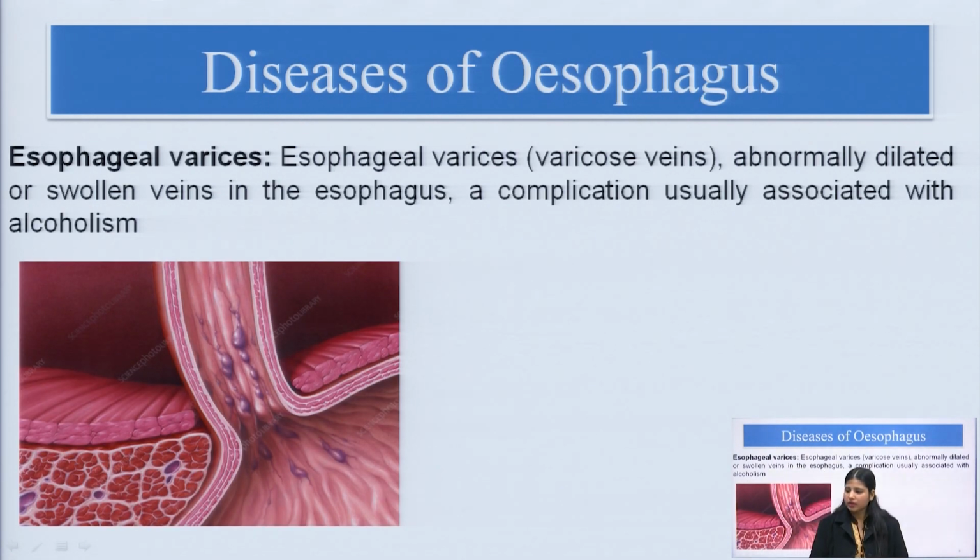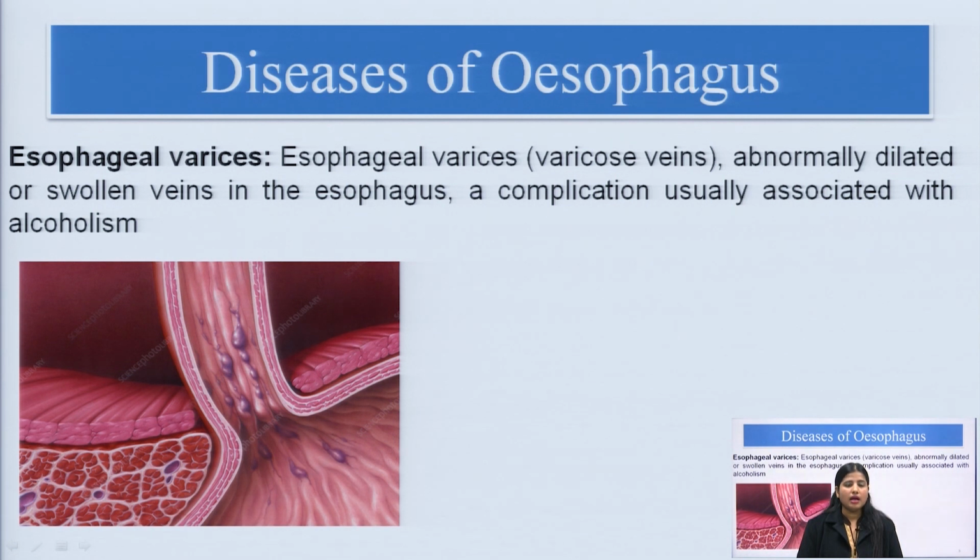Now, coming to the diseases of the esophagus. So, there is one condition, esophageal varices. Now, what happens in esophageal varices? The veins present in the esophageal area, which are varicose veins, become dilated.